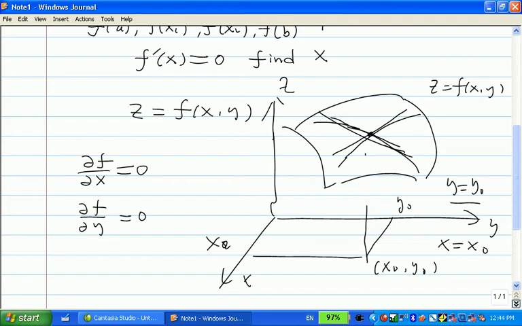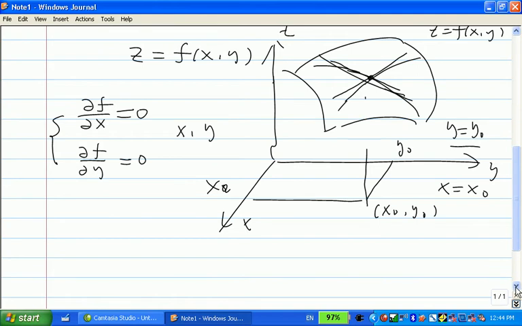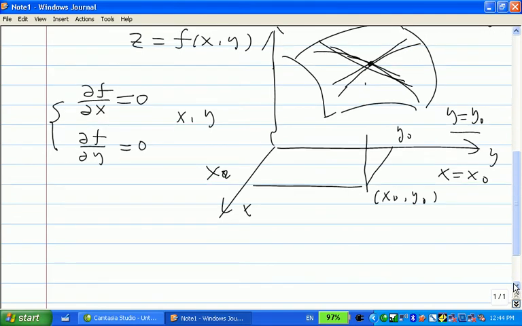So this tells you how we find the point where you achieve your local maximum. Now you have two equations, so we can find the two unknowns, x and y. Those are just like the critical numbers we had before for the one-dimensional case.